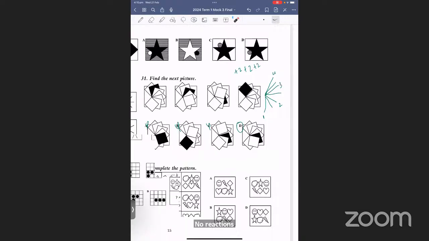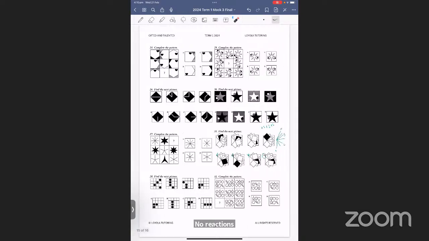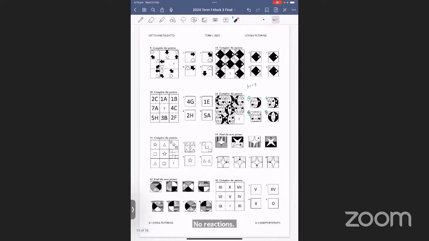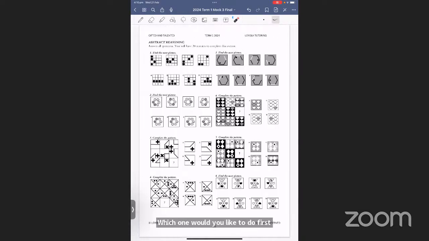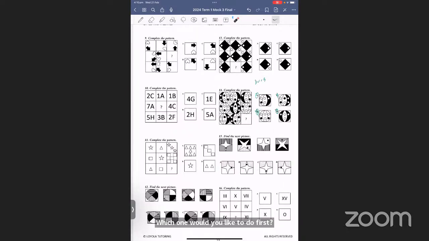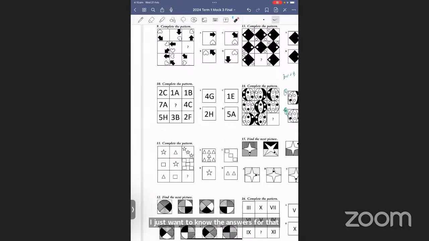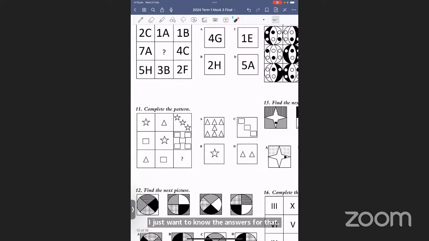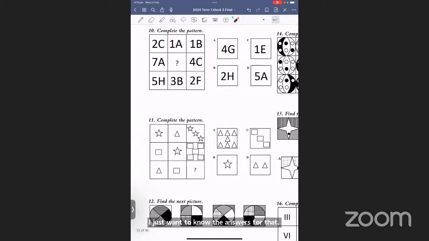Neha, question, you have 9 and then 11. Which one would you like to do first? I just want to know the answers for that. So I'll just do 11. And then I'll be sending the answer key to you tonight.